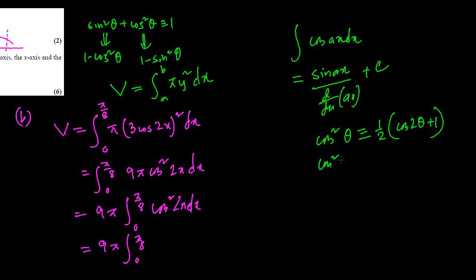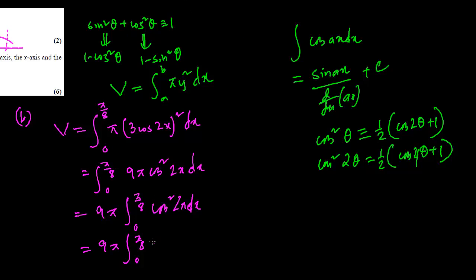If you have cos squared 2 theta, it would be half of cos of twice of 2 theta, which becomes cos 4 theta, plus 1. So if you have theta, it would become 2 theta, and if you have 2 theta, it would become double of that, which is 4 theta.